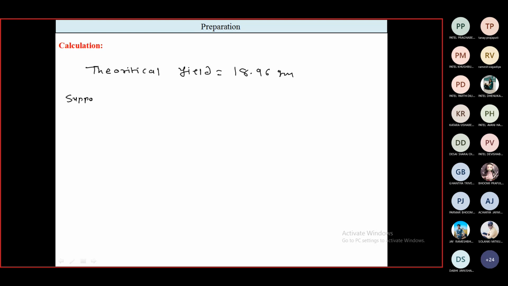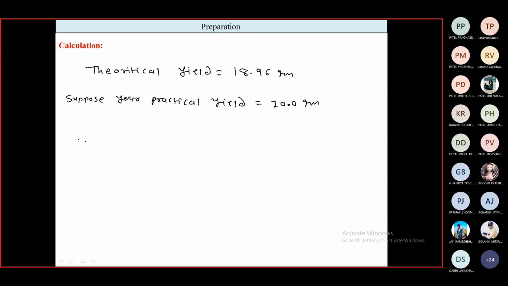Suppose your practical yield is equal to 10 gram. After crystallization, after decolorization, after removing impurity, you have weighed your product, so it comes to 10.0 gram.